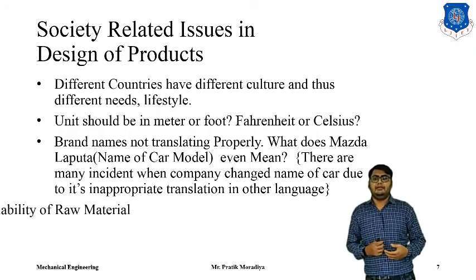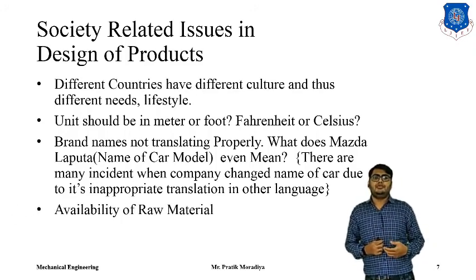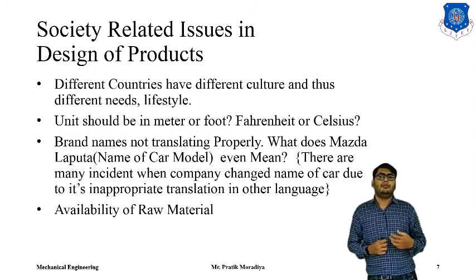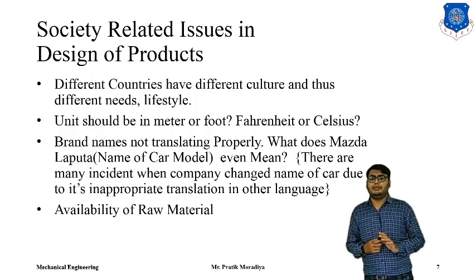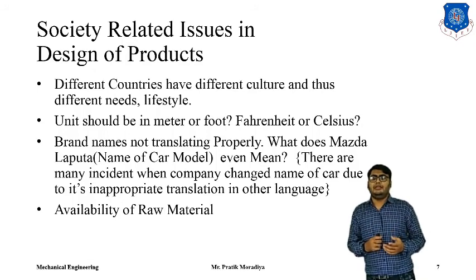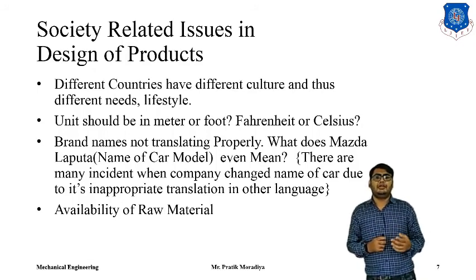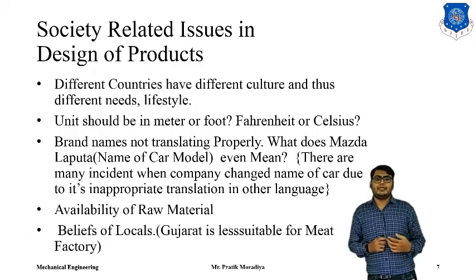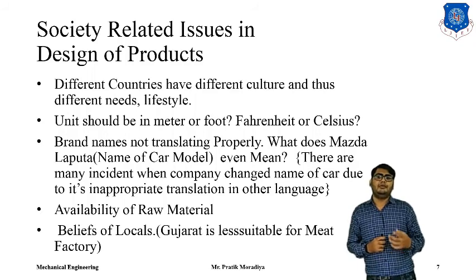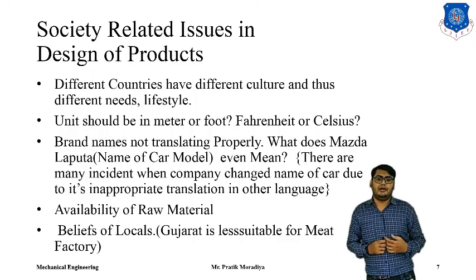And you should think about the availability of raw materials, because you should also think about the environment in which your production facility is. There should be enough raw materials in the nearby society, and the beliefs of locals should be considered while you are designing or setting up your factories.